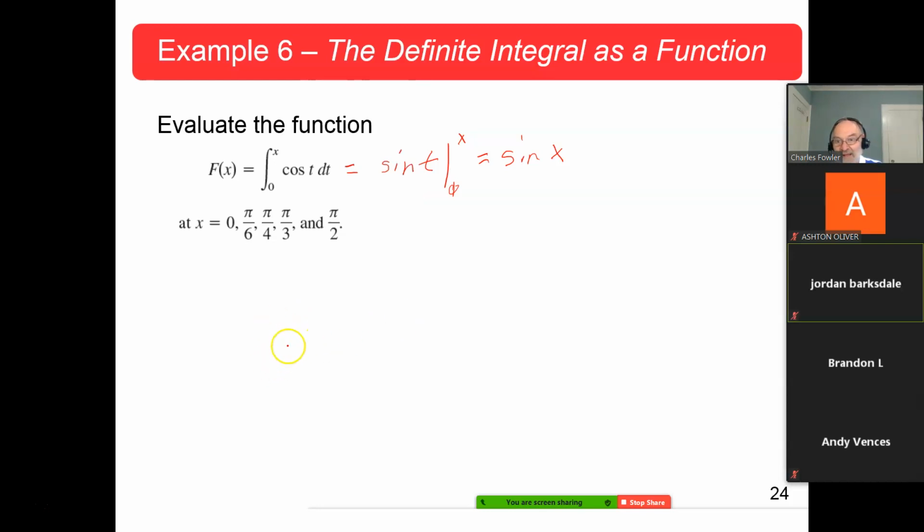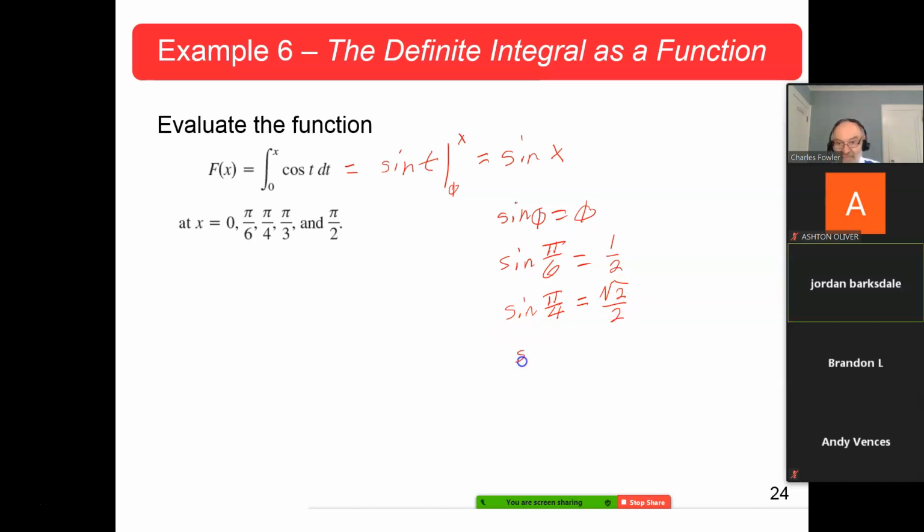Okay, so that's what it is. So let's evaluate it at 5 different places. Well, we just answered the first one. Sine of 0 is equal to 0. Okay, sine of pi over 6. Oh, this goes back to good old trig days, doesn't it? Anyone remember what that is? One half. Sine of pi fourths. Anyone remember that one? Square root of 2 over 2.